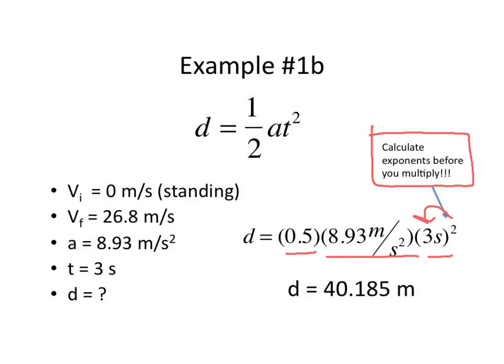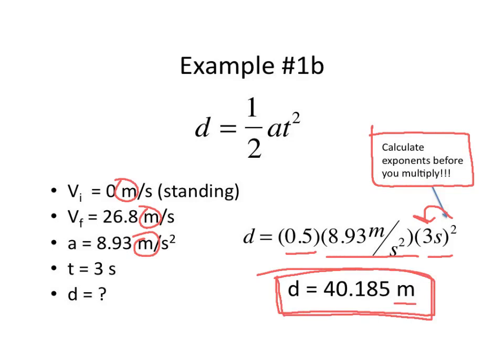So 3 squared is 9. 9 times 8.93 times 0.5 will give you 40.15. And since our speed, or our velocity and our acceleration, all of them have a distance of meters in them, our distance is going to have a unit of meters. So anytime you're trying to find distance, you're using this equation that has d in it.